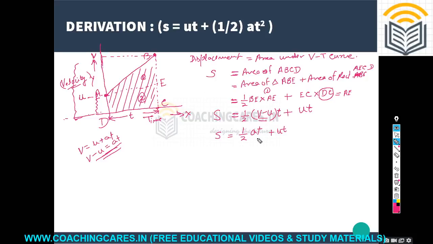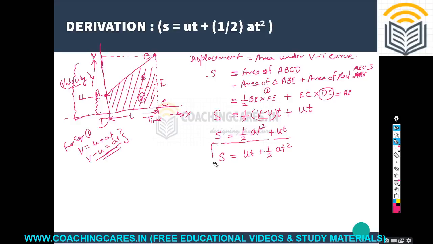Let us write it T. So V minus U will become A according to equation number 1, and T multiplied by T, so it will be half AT square. So we can write this S is equal to UT plus half AT square.